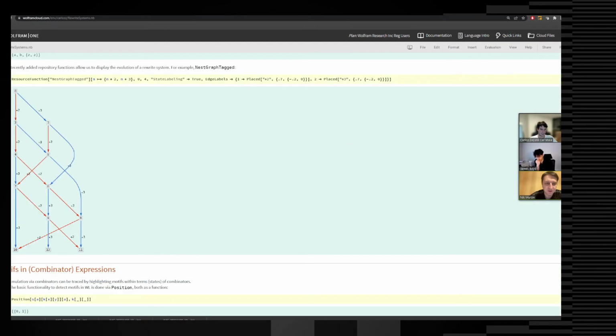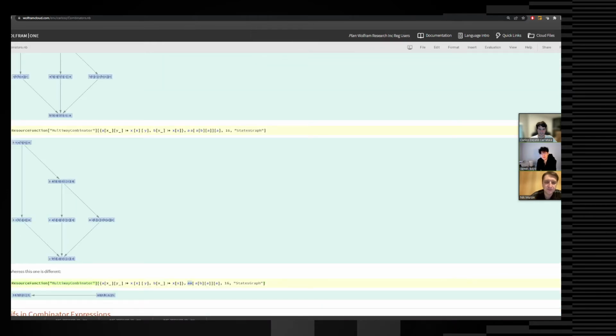Like in the first example, if you just run it for one step, you have 3 arrows, right? In that example, if it's just n plus or n times, there's only one way to apply each of the rules at each step, right?